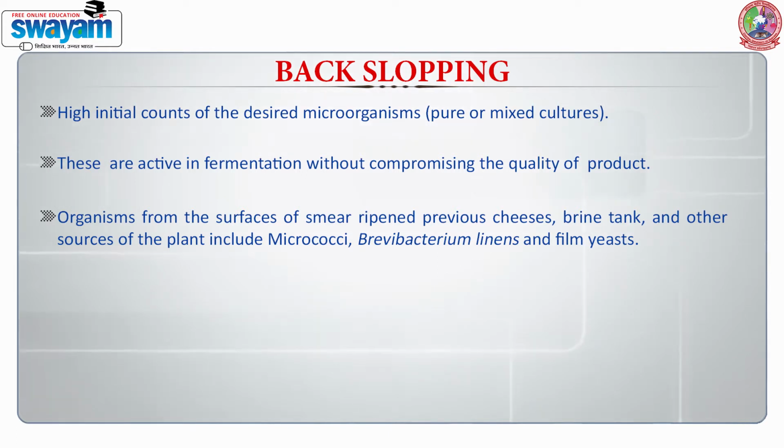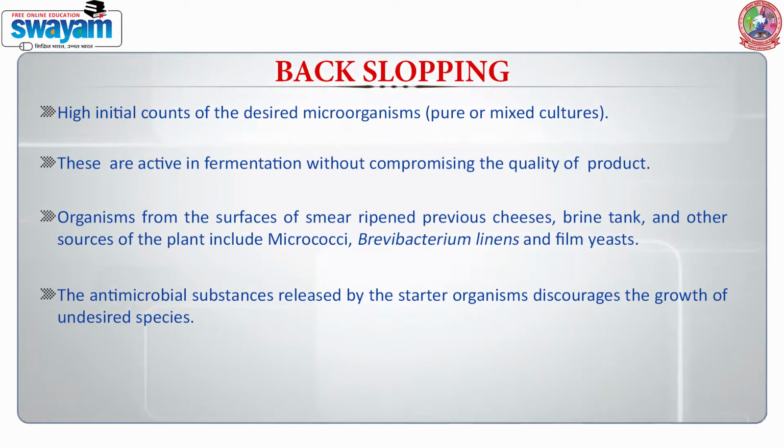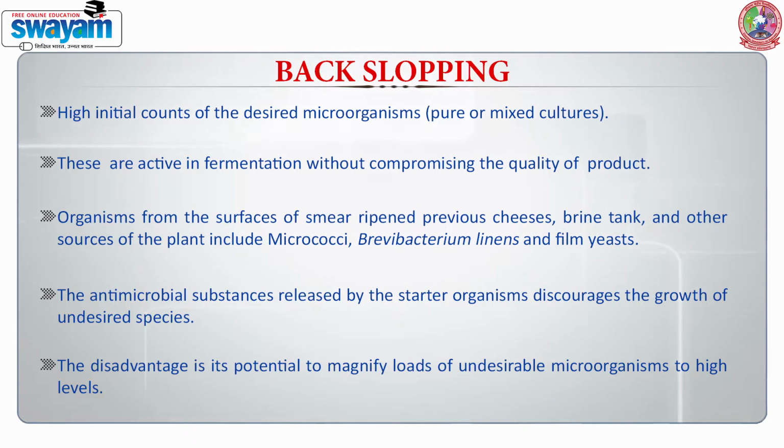The advantage of this process is that the antimicrobial substances released by the starter organism discourage the growth of undesired microorganisms. The disadvantage of this process is its potential to magnify the load of undesirable microorganisms to a high level if the original source is contaminated.